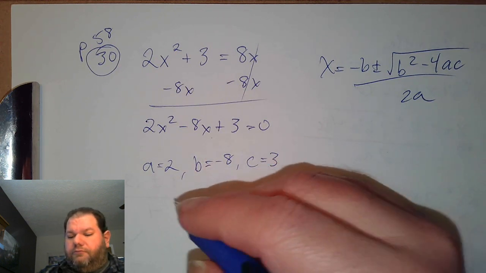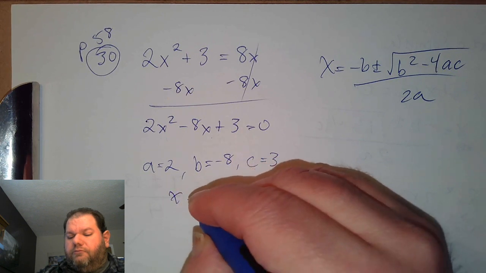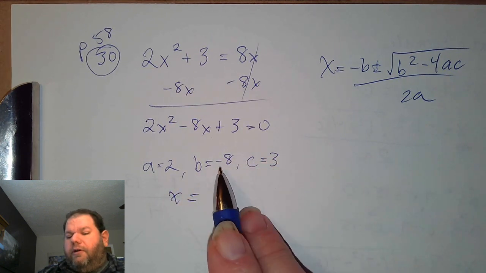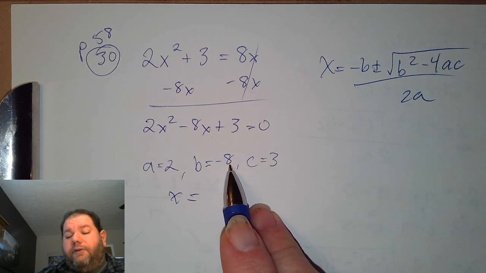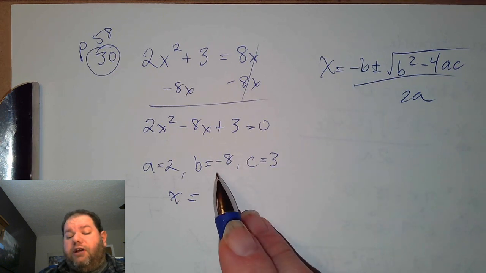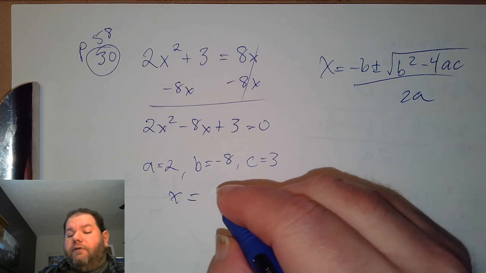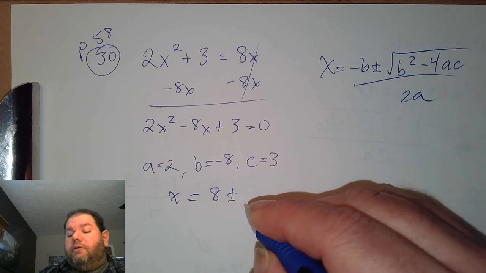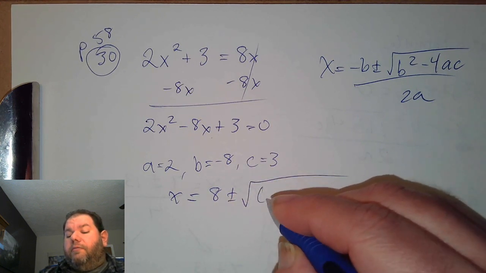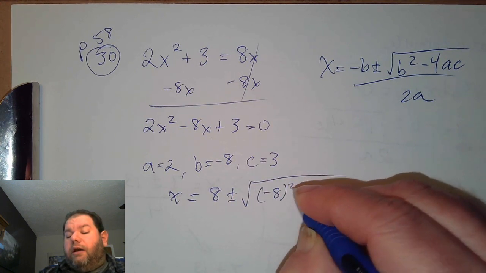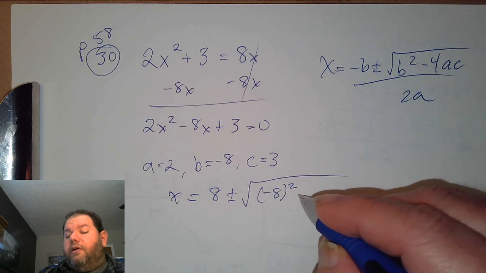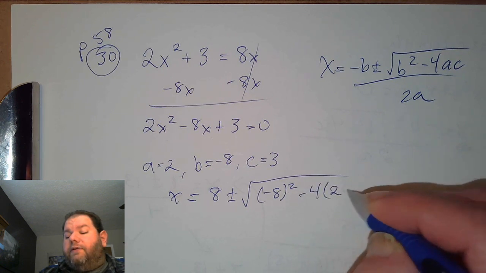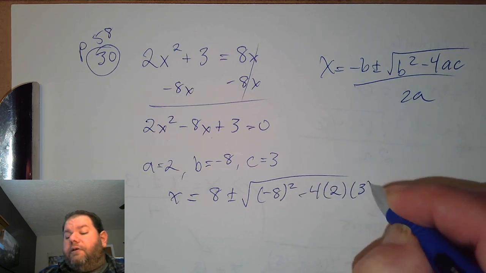Alright, b is negative, so once again, negative b, just change this sign to a positive. Negative 8 squared, b squared, minus 4, a is 2, c is 3.